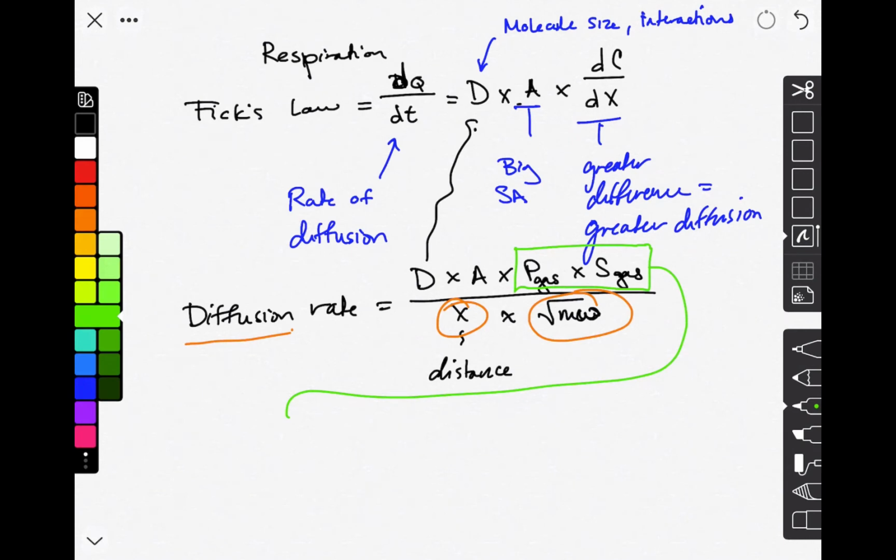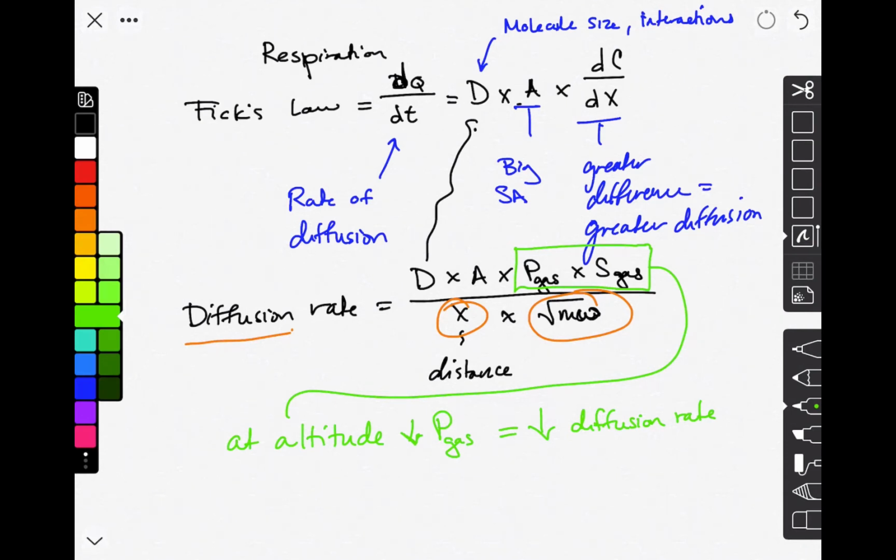So if you go up to altitude, you're going to have a lower partial pressure of a gas. Now, if you have a lower partial pressure of a gas, what happens to the diffusion rate? Decreases diffusion rate. So it makes it harder to get oxygen, which is why the air at altitude seems thin.